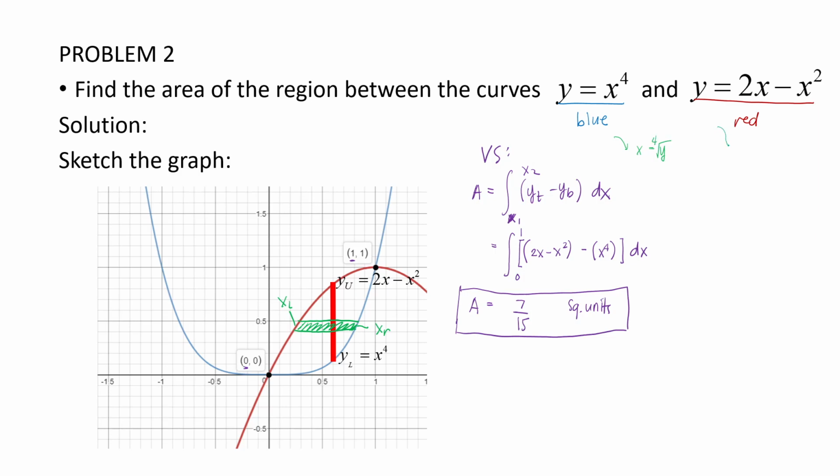But for the other term, probably this one is a bit difficult, so let's try to transpose it. x squared minus 2x equals negative y. Okay.